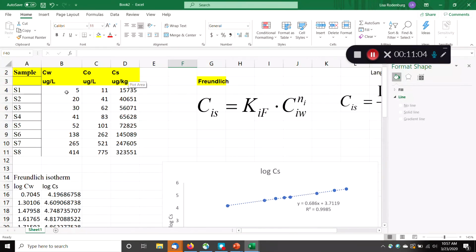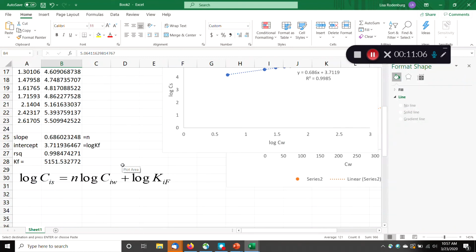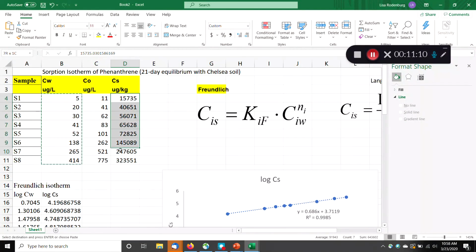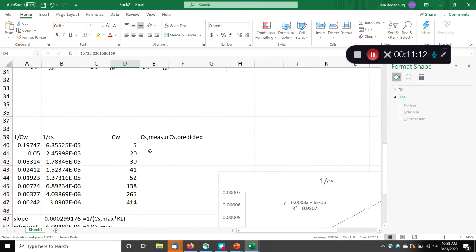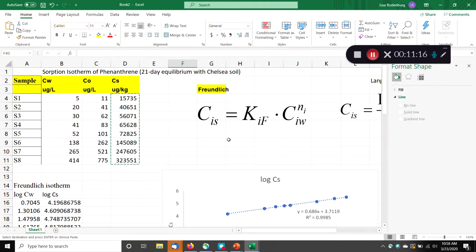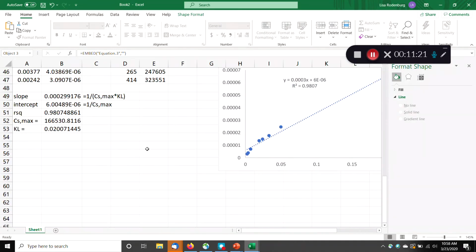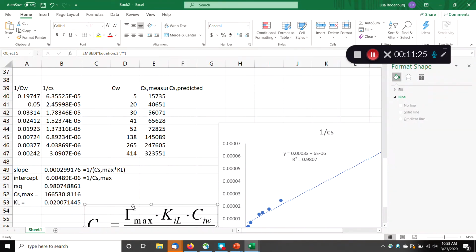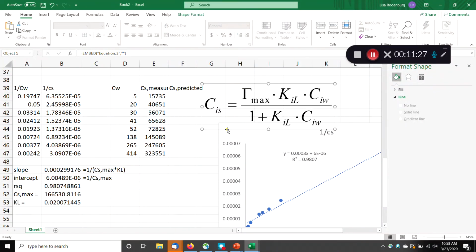So here's CW, here's CS measured, and here's CS predicted. CS predicted we get from this equation, this ugly, ugly thing.